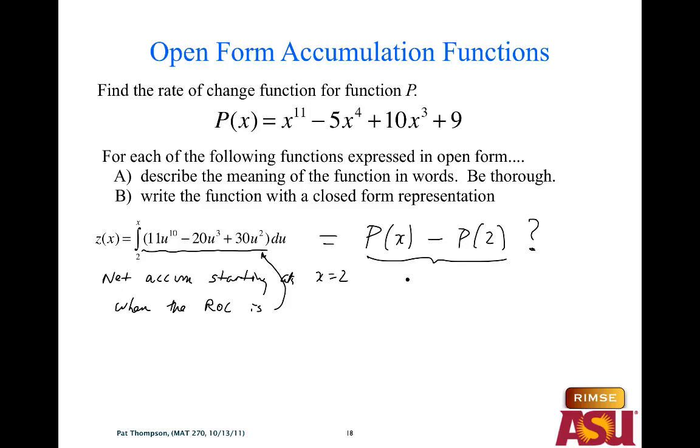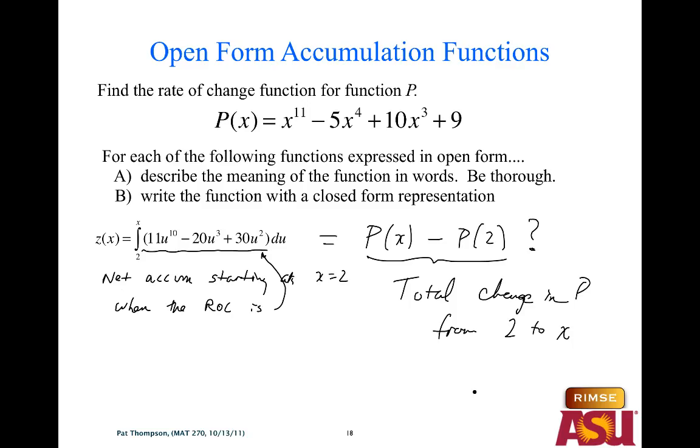This would be the total change in p from 2 to x. And if that's the rate of change of p, are these two things the same? The net accumulation from 2 to x and the total change in p from 2 to x?